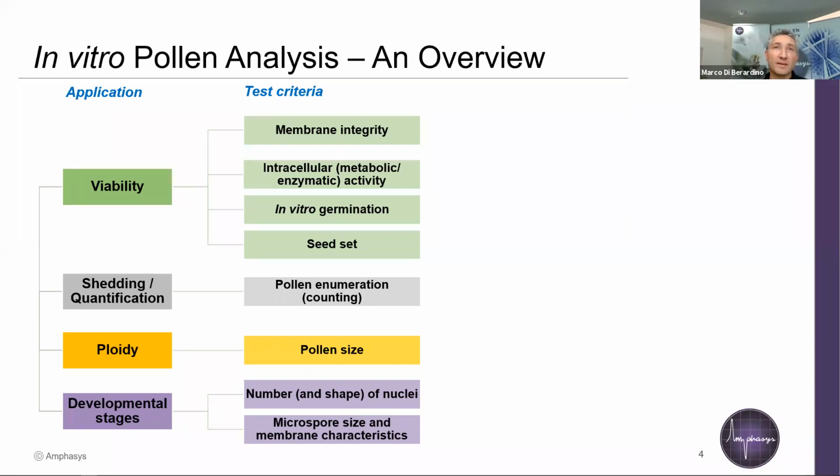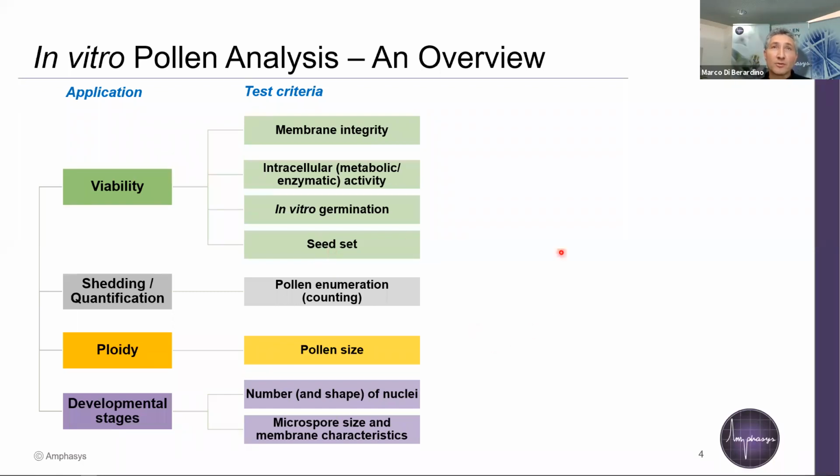For the viability, most important, the membrane integrity is interrogated, or the intracellular cytoplasmic activity. Another widely used method is the germination method. I will talk a little bit about this later. And some people still do, we say, quantifying the seed set after artificial pollination.